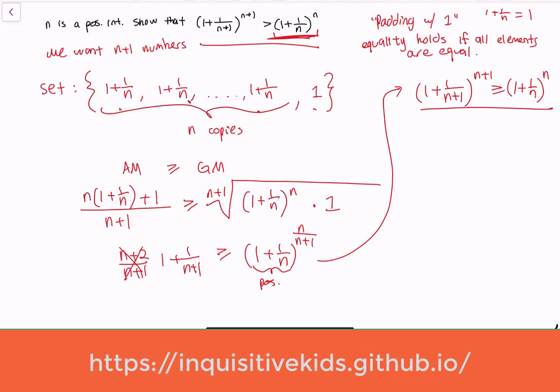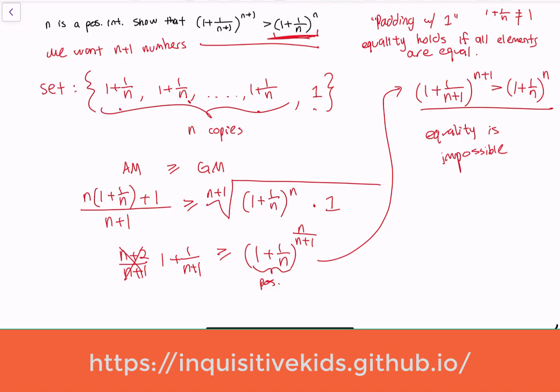So this equality will never come to be true. 1 plus 1 over a positive number will never equal 1, which means that equality is impossible. So we can just rewrite our inequality as (1 plus 1 over n plus 1) to the n plus 1th power is strictly greater than (1 plus 1 over n) to the nth power.